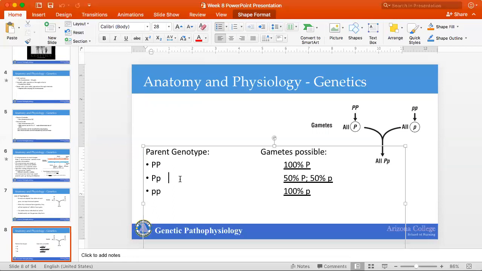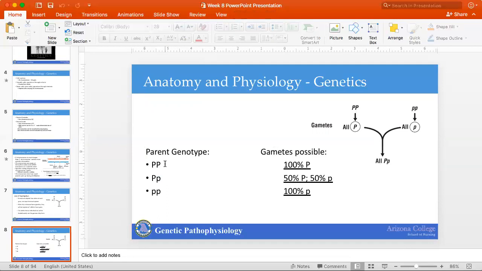of blue eyes. So a parent genotype could be that someone has, from both their parents and in their genetic information, their chromosome, from both parents, they have two P's and two dominant brown colored eyes.